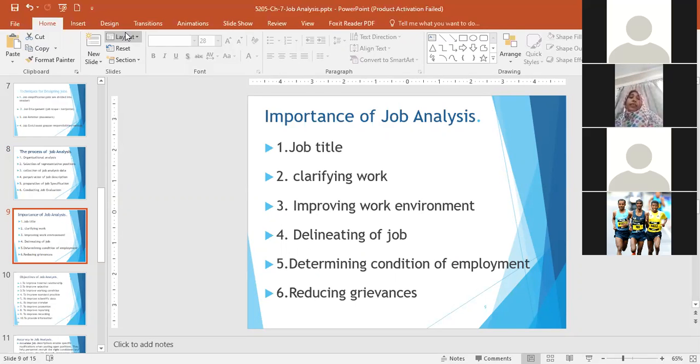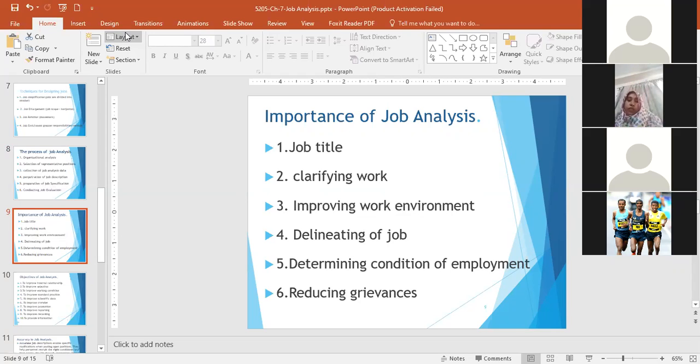So why is job analysis important for an institution? When you do a job analysis, what things are important? First of all, the job title. Yes, ma'am.